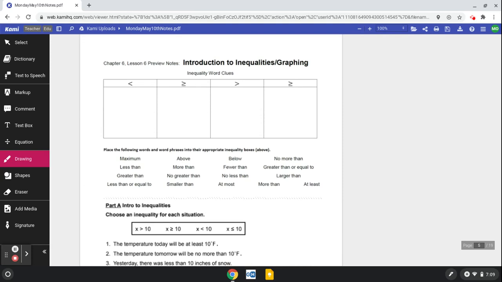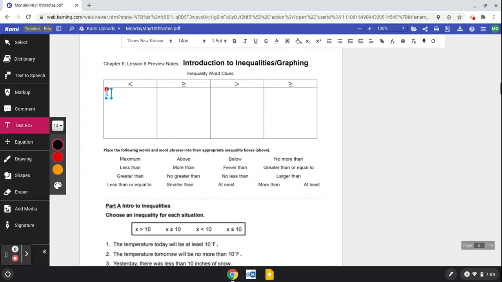Here we have our symbols. We have our less than. I'm going to type in our words. This is the less than symbol, whereas this one is greater than or equal to. This one's just greater than. And this one is the same one.